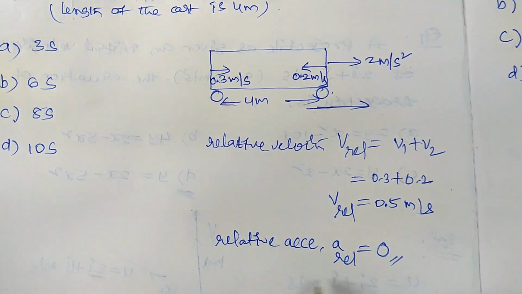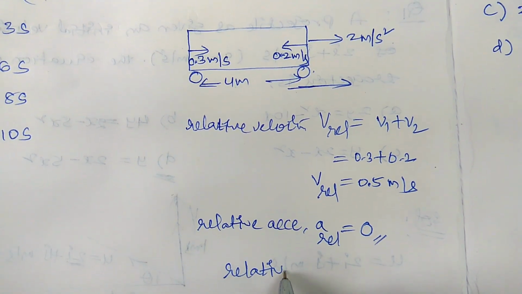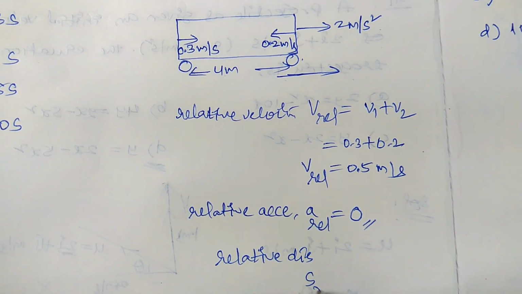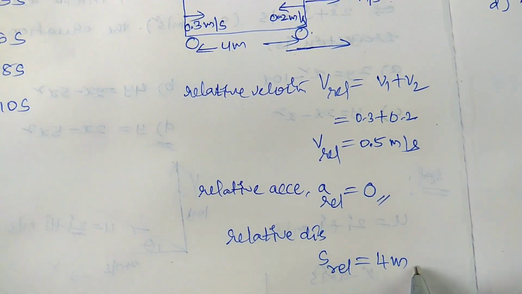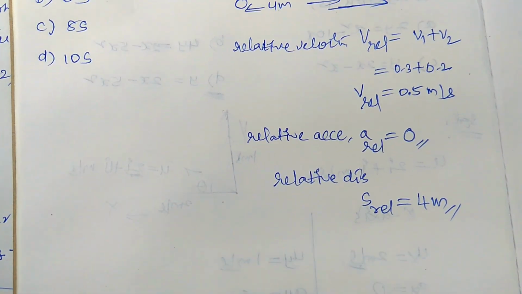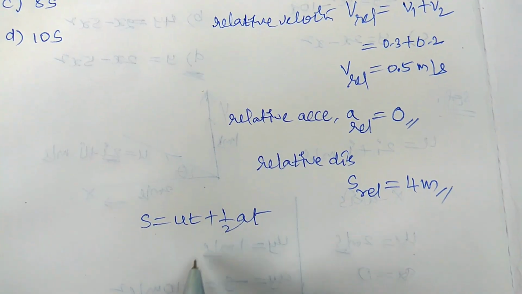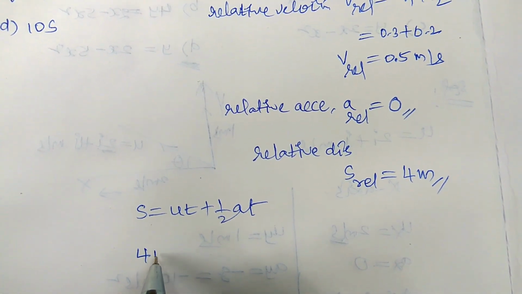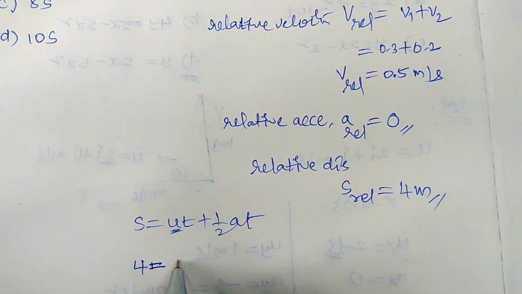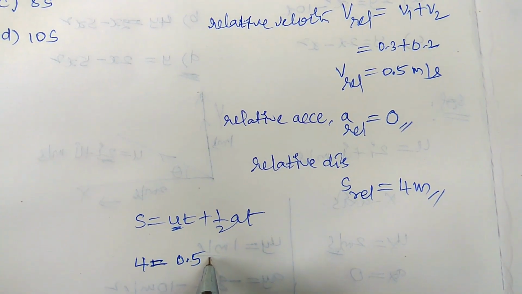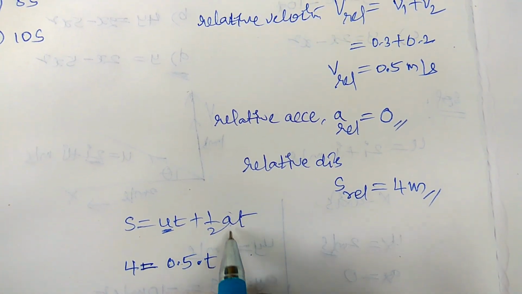Then the distance traveled by the two balls, that is the relative distance, s relative, is equal to the length of the cart, 4 meters. Using the equation of motion, s equals ut plus half a t square, we can write 4 meters is equal to u, the relative velocity 0.5, into t, plus the relative acceleration term, which is 0.